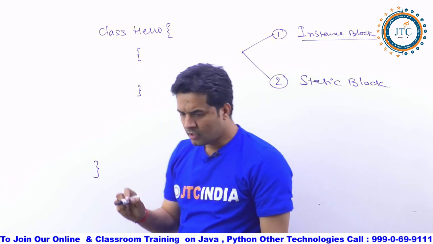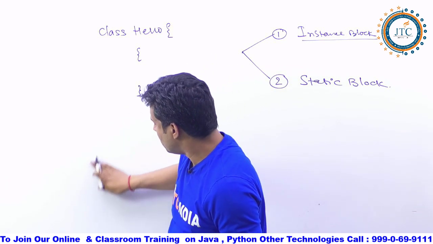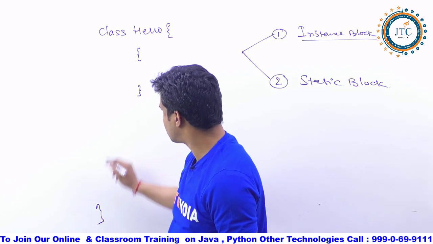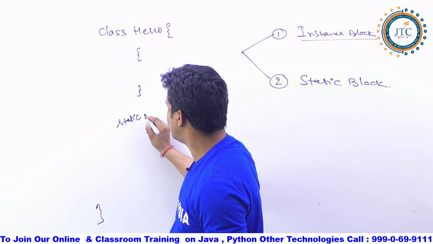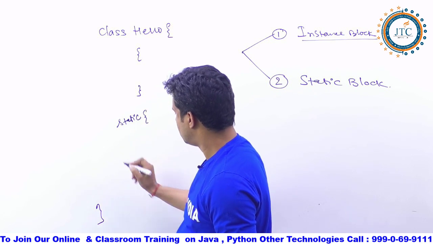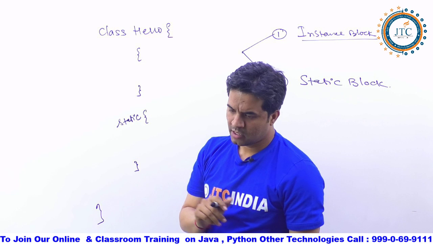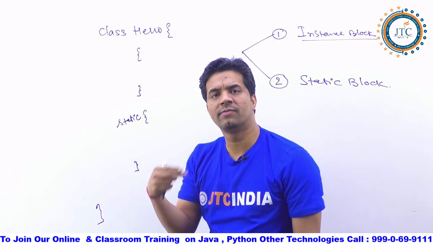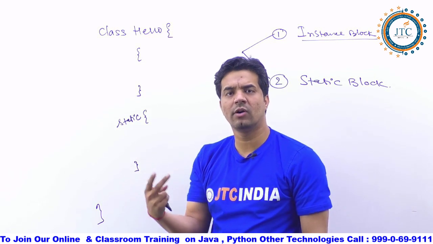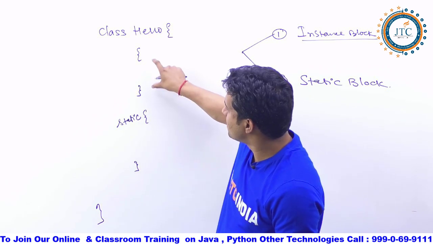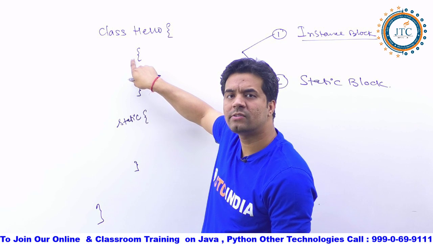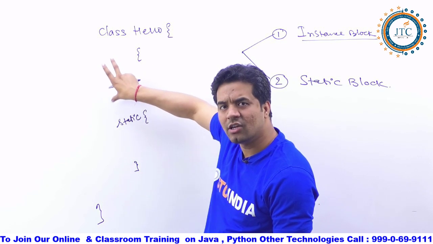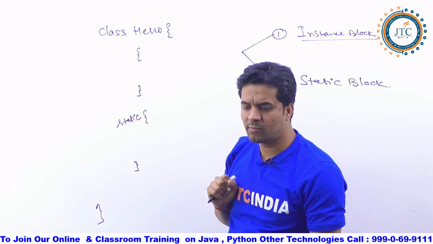Now, at the same time, one more thing here. See here, the blocks whatever you have defined, this block you have defined without any particular kind of keyword, anything associated with this block.